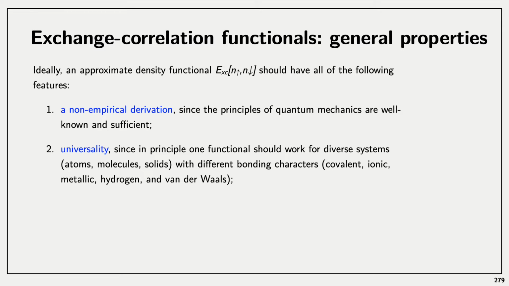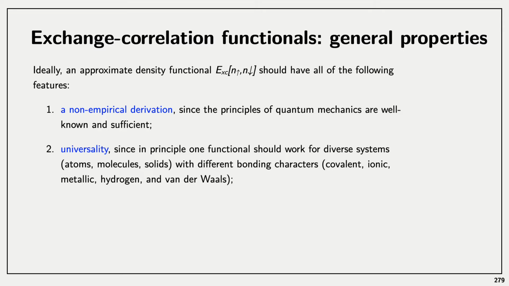We want this exchange correlation to be universal, and I'd like to insist on this again. Many people are using force fields or semi-empirical tight binding, for example, which are really model Hamiltonians. But in those cases, pretty much always, the parameters that enter, for example in a force field, are specific for a class of systems.